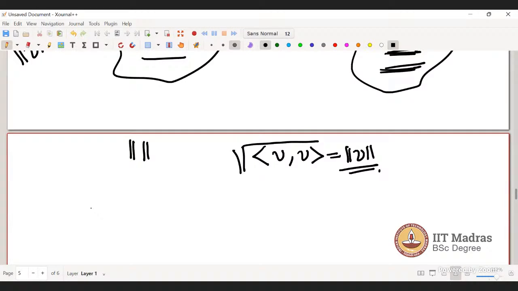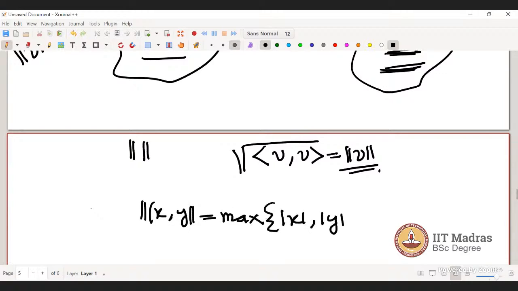For example, this is, I guess, the sup norm. This is how we define the sup norm. Yeah, this is not coming from any inner product.